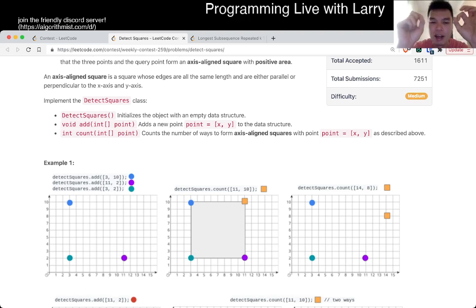Now that you have 2 points on the same, let's say, horizontal line, that uniquely determines two squares. That means you can have a square that goes up and a square that goes down. And from that, if you have an O of 1 lookup, then everything is straightforward. That's basically the idea that I have.